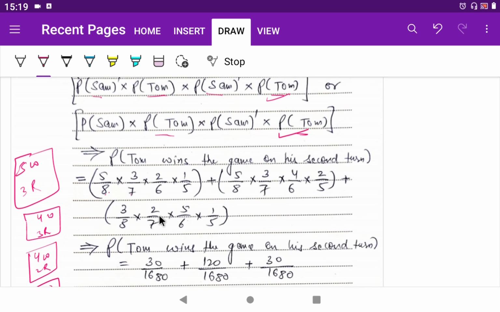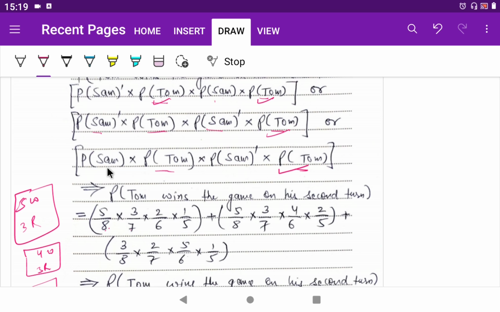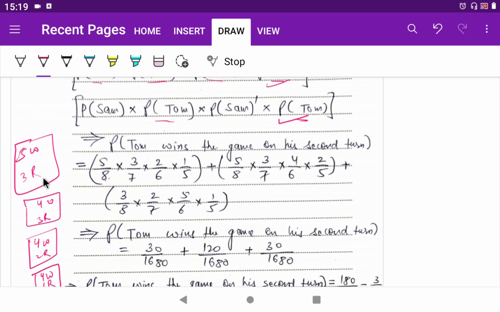Now 3 upon 8, 2 upon 7 multiplied by 5 upon 6 and 1 upon 7, because Sam removed a red in his first turn. Sam removed, so 3 upon 8. Tom also removed, so now the case will be 5 white 1 and 2 red 1.